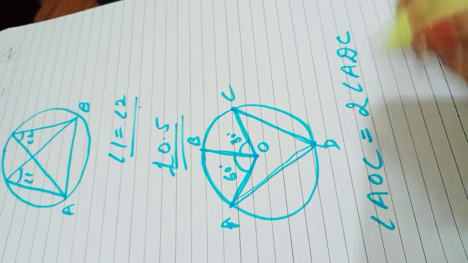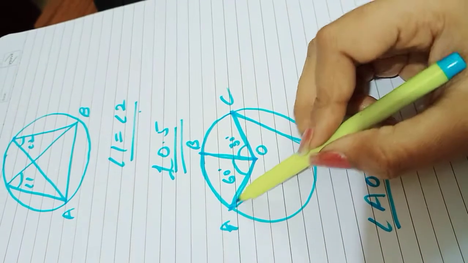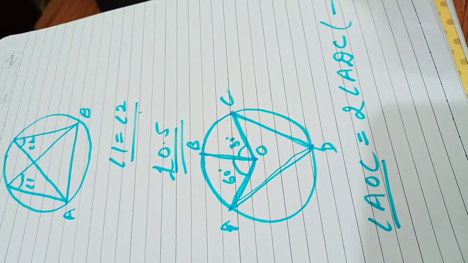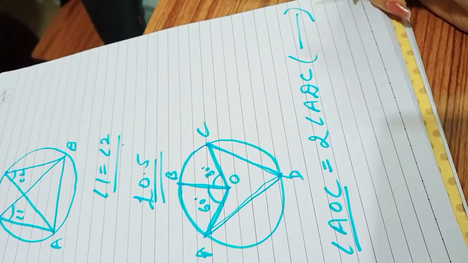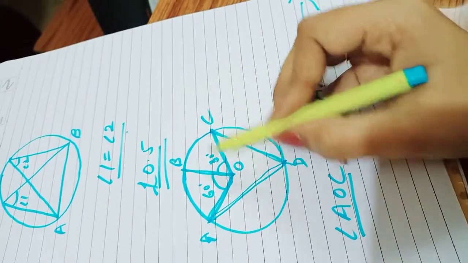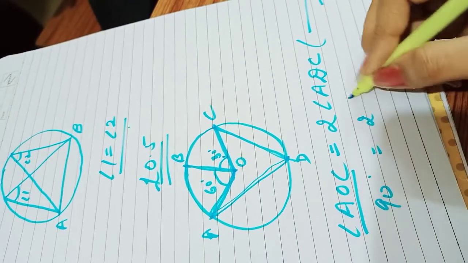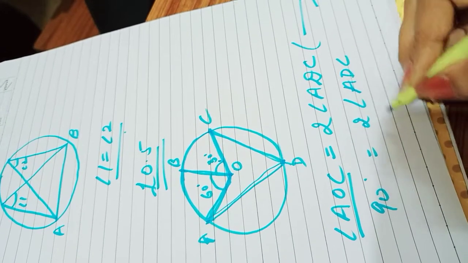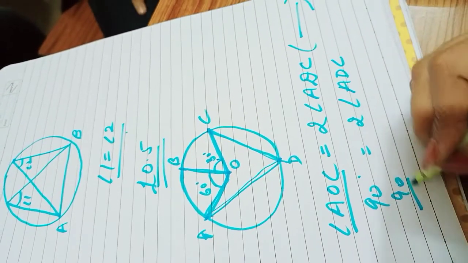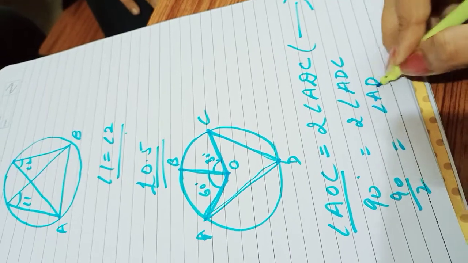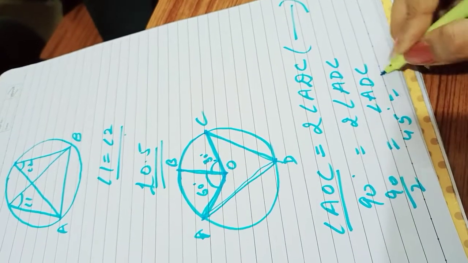You have to write the theorem in brackets. The value of AOC is 60 plus 30, that is 90, which equals double of ADC. So 2 goes to the other side and divides, so ADC is 45 degrees.